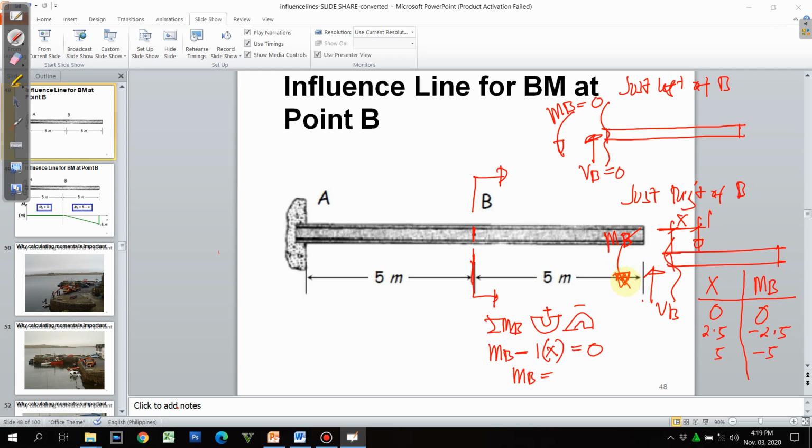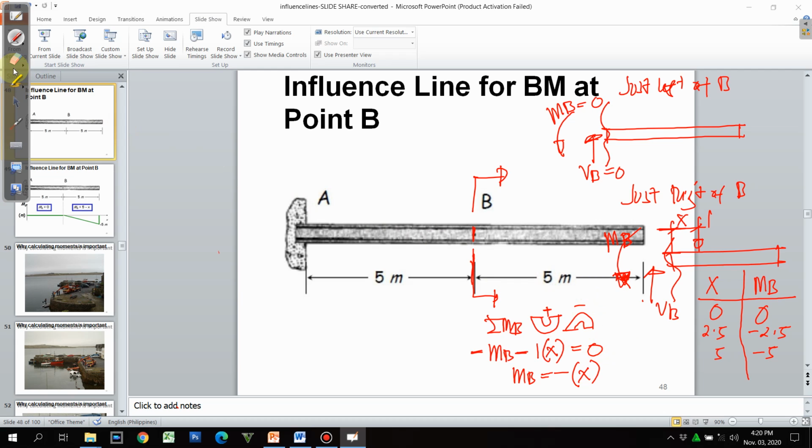It will go against the direction. So therefore, your 1 here will bend your beam downwards, and MB will be negative. So therefore, this is negative x.